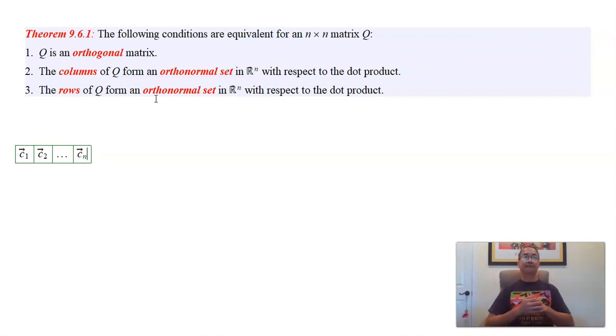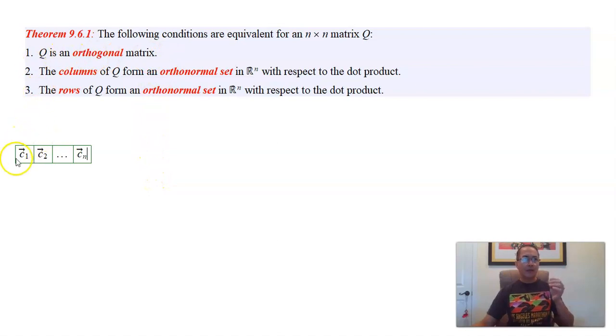I am representing an n by n matrix by putting column 1 here, column 2, and so on up to column n. So that's really an n by n matrix.